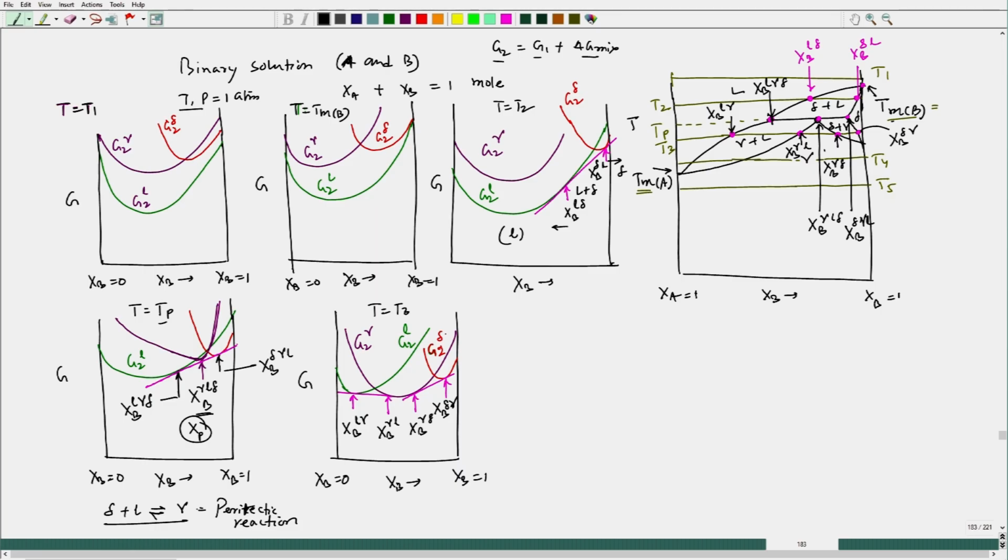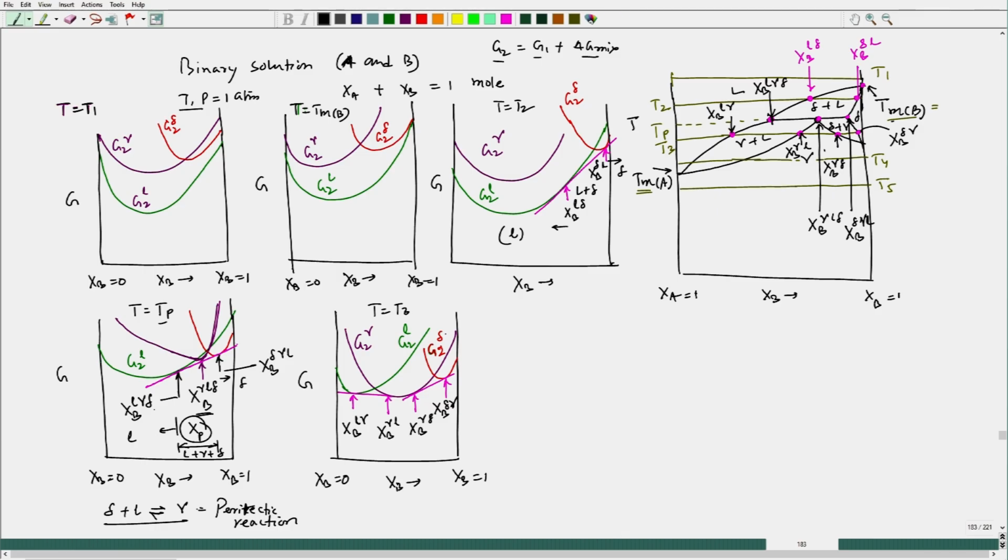Whereas, in case of T equal to Tp, we see left to this particular composition we have liquid, in between, rather this is the region between these two liquid composition and delta composition, we have existence of liquid plus gamma plus delta of those compositions only. Right to this we have delta.